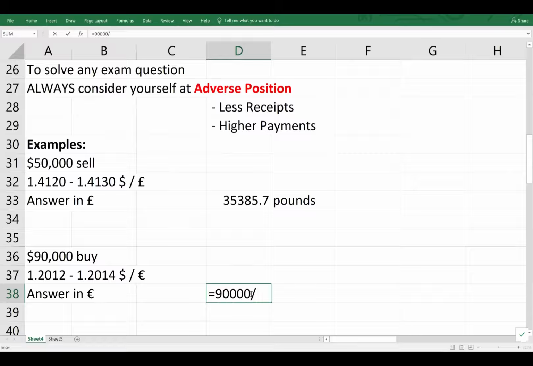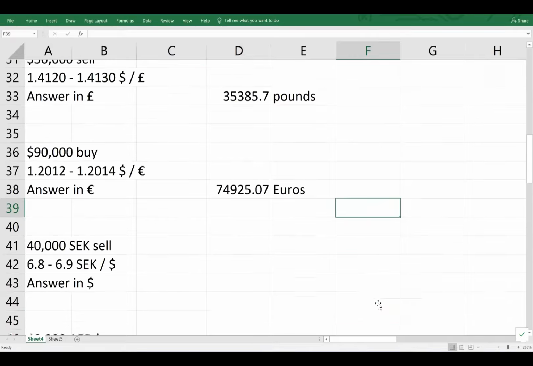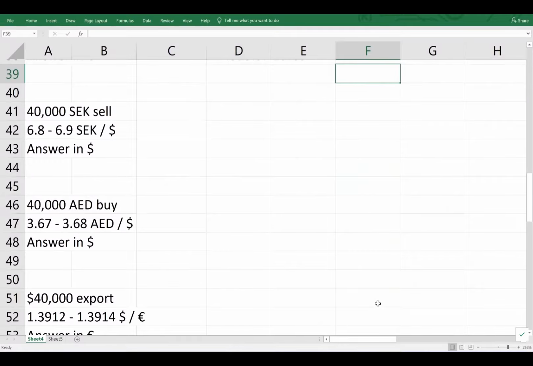Use a rate that will result in a decrease in payment or an increase in payment? Increase in payment. Use the lower rate. 1.2012 euro. Clear? Okay, next. Third case.